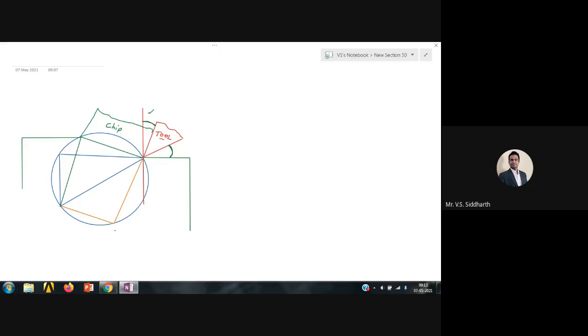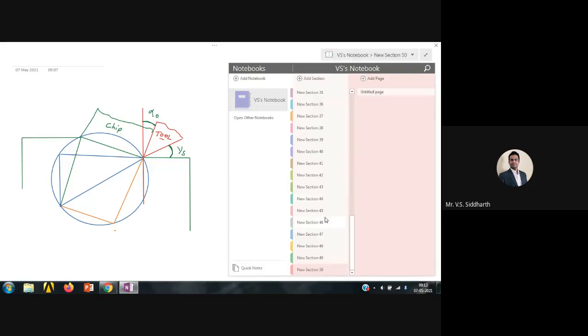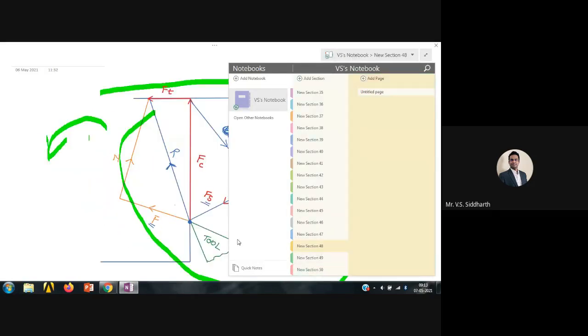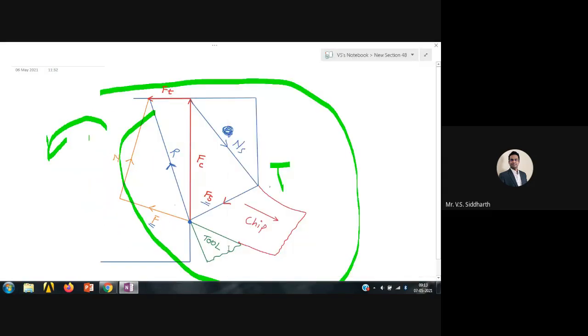This is alpha naught. This is psi s. How can we say that? You have to go back and see the screenshot that you have taken in the last class. With this diagram, you can easily tell which angle is what.